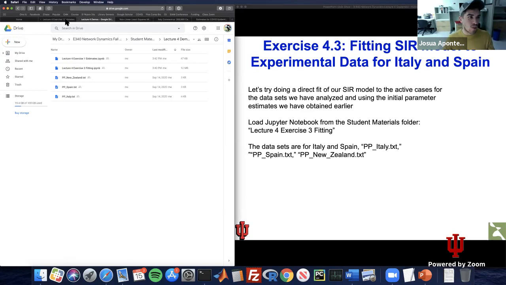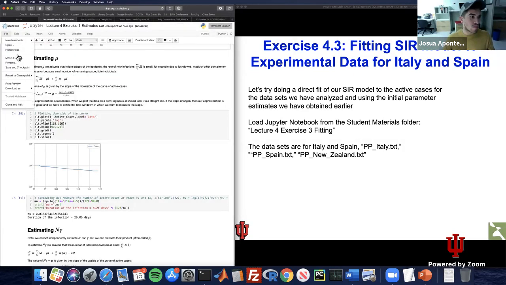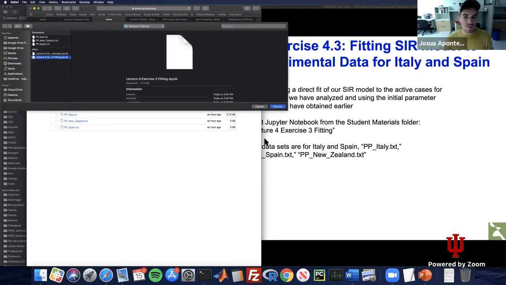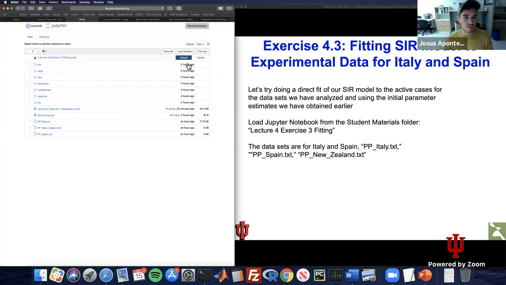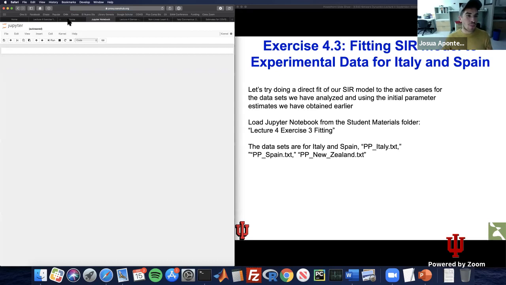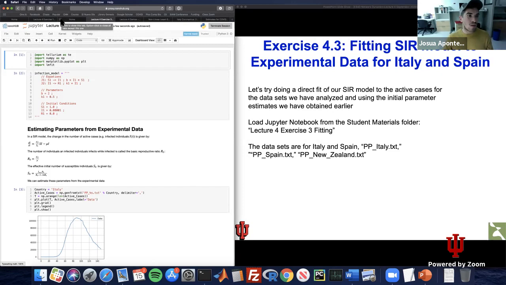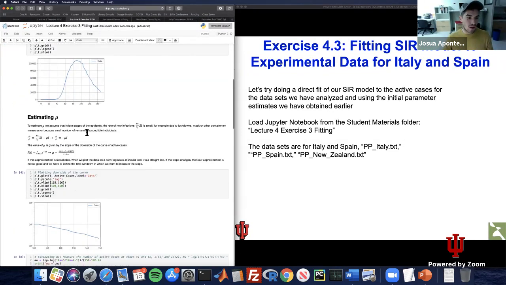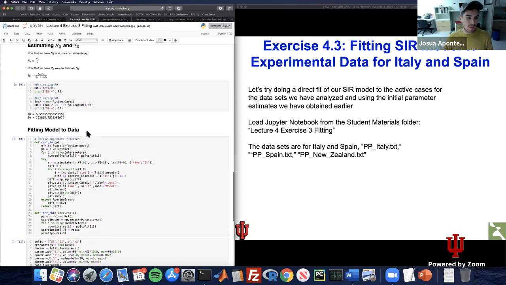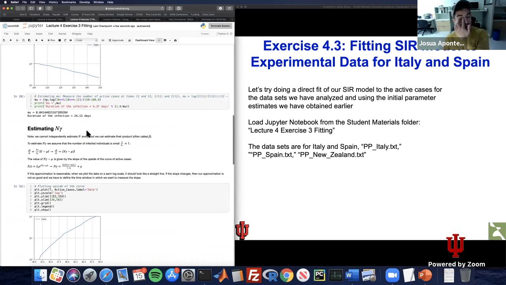When we upload that one and open it, the first part of the notebook is just what we did so far to estimate the values of the parameters, because we're going to need those estimates.